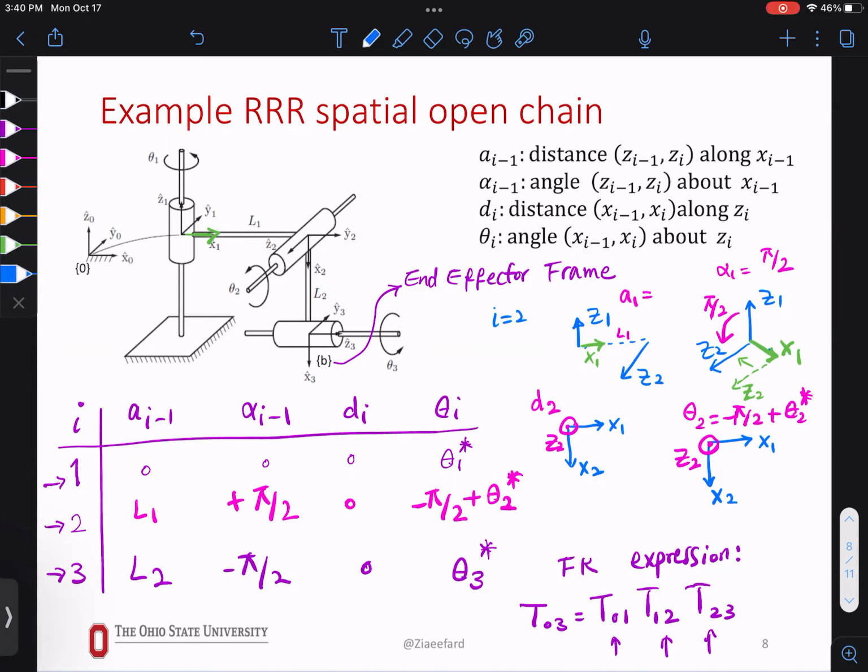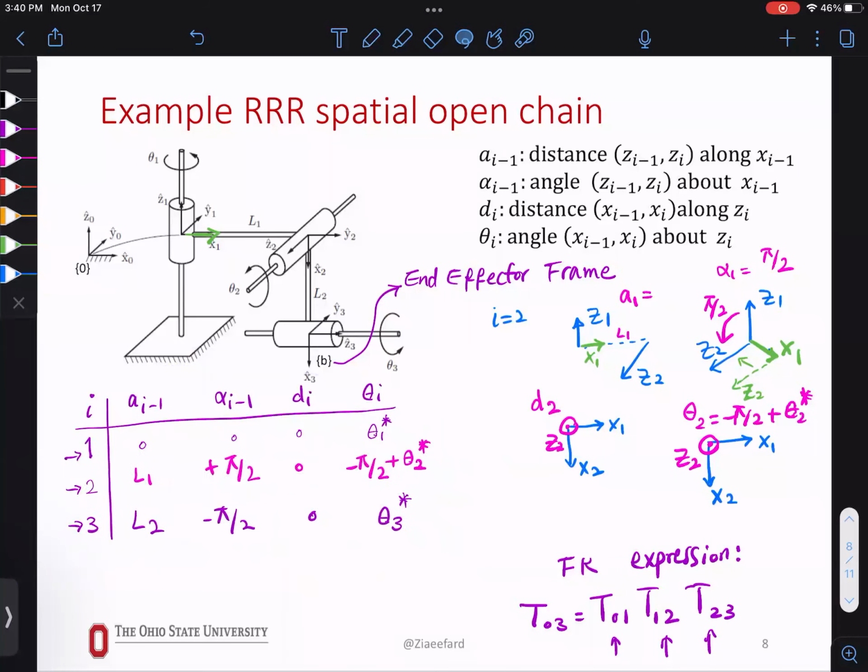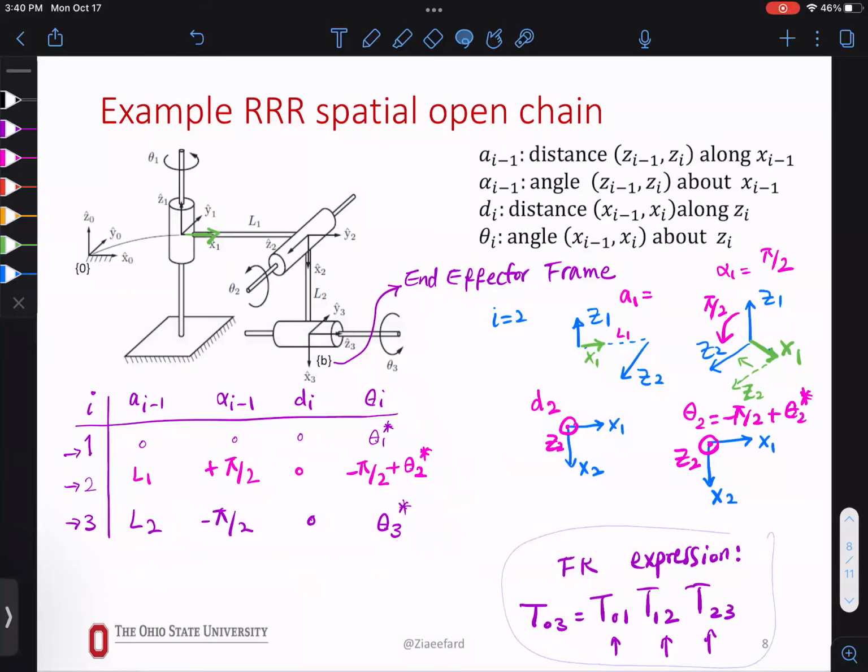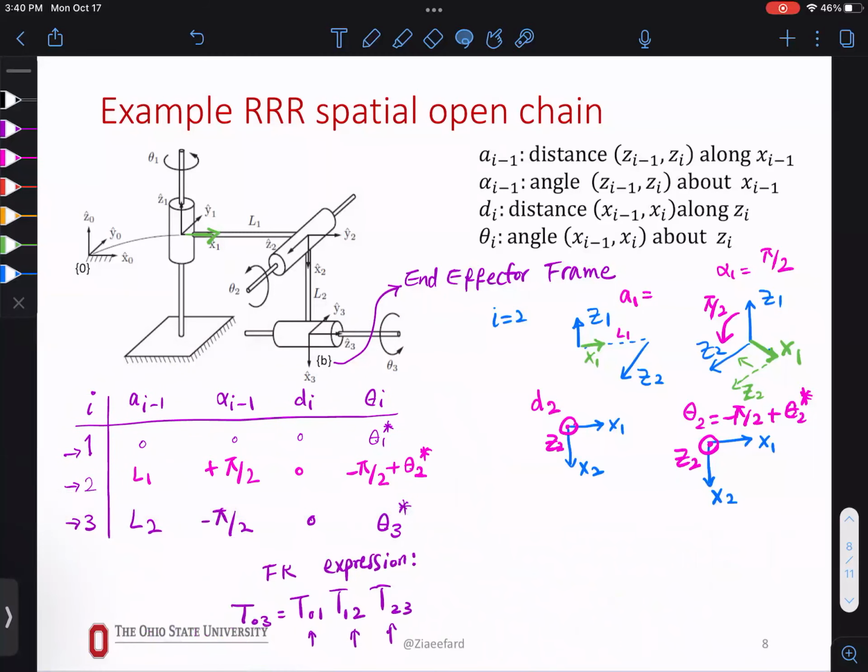Let me clean these things a little bit. All right. So for I equal 3, let's find theta 3. To find theta 3, angle between x2 and x3.